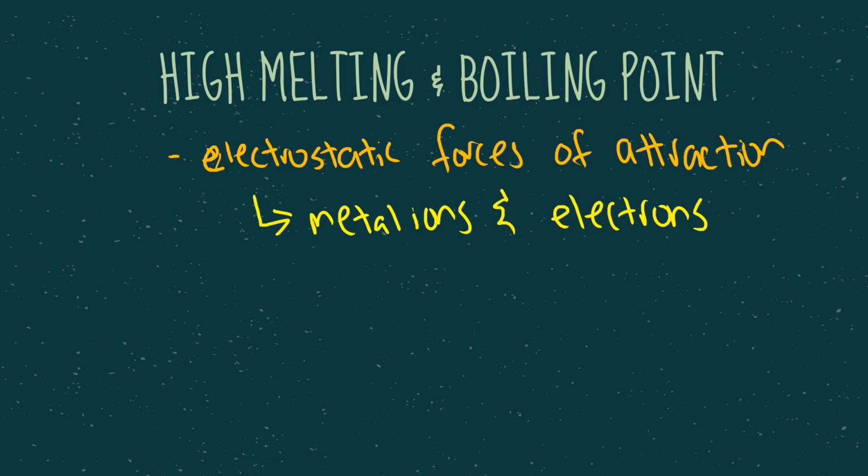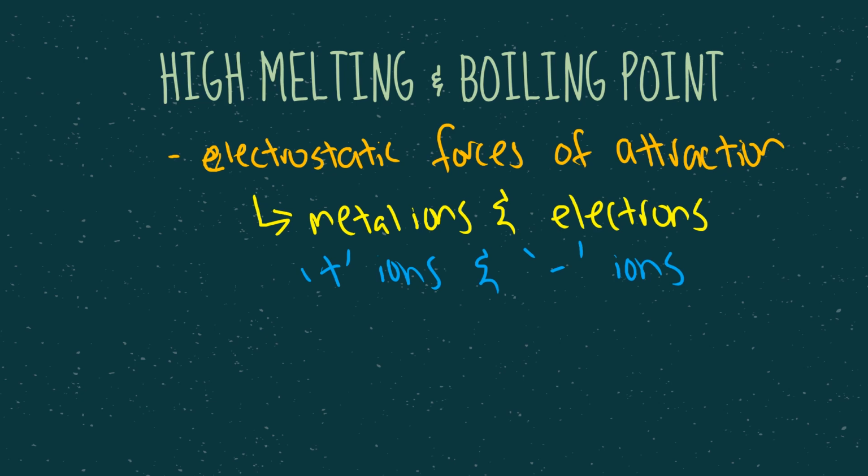This is also similar to an ionic bond, but the difference is that in the ionic bond, it's an electrostatic force of attraction between the positively charged ions and the negatively charged ions. So it's between the two oppositely charged ions.